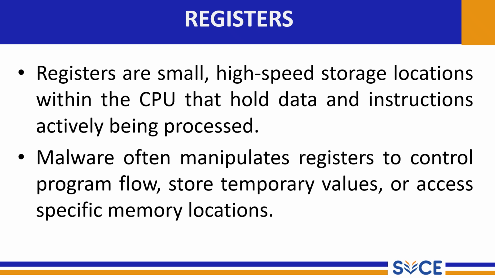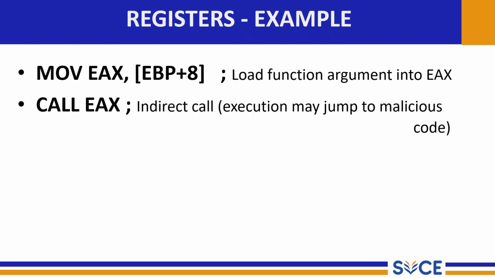Here you can see a small example for registers: mov eax, [ebp+8], and next, call eax. The first line denotes that we are loading the function argument into the EAX register, and next we are calling EAX.